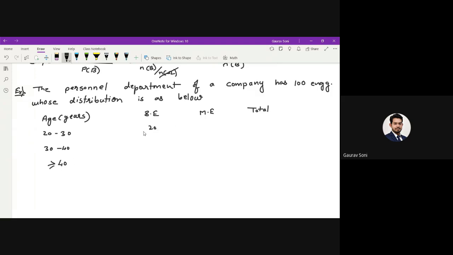BE: 20, 25, 10; ME: 5, 10, 30; total: 25, 35, to 55... 100 engineers.